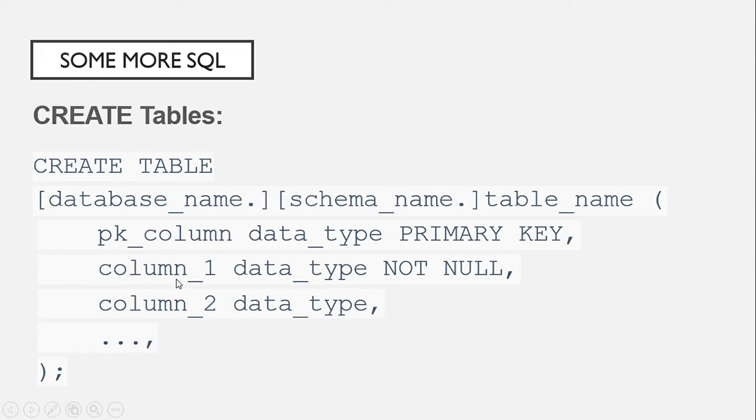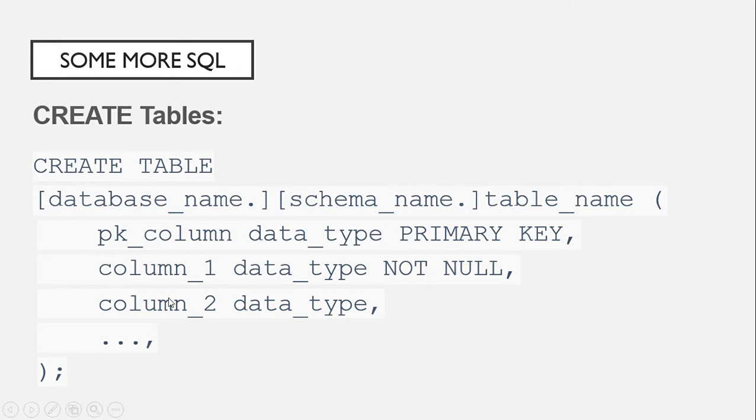And then another column, make sure you have the data type, and then you can set whether you want it to be not null or it doesn't matter. Like for the column 2, just specify the data type without any constraints over here. So you can create as many columns as you want over here.